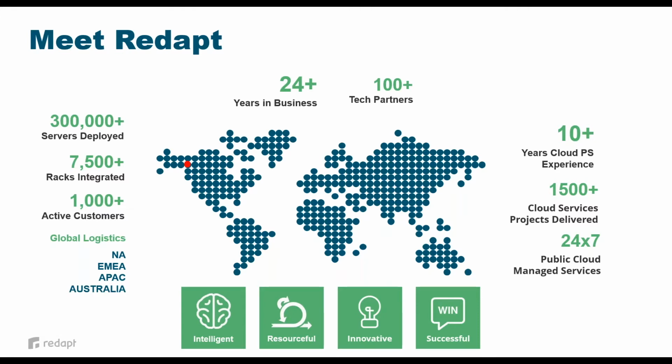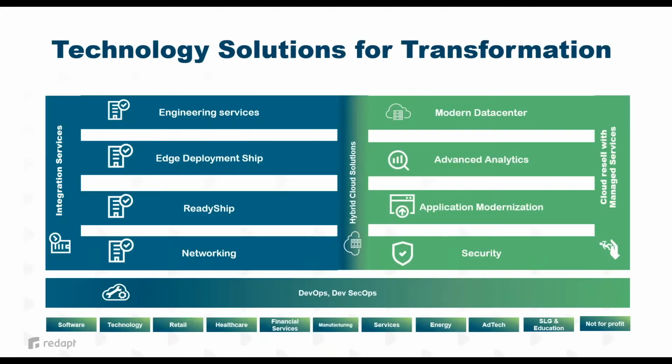So that's a quick intro about Redapt. We have other practice areas as well. We do a lot on advanced analytics, machine learning, and AI. Our modern data center practice does a lot of our lift and shifts from on-premise to clouds as virtual machines.